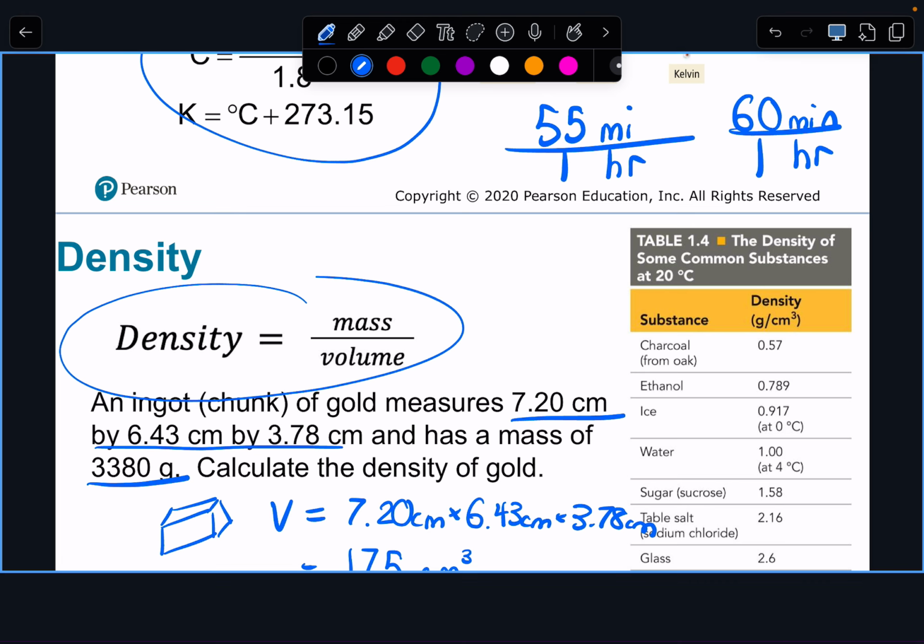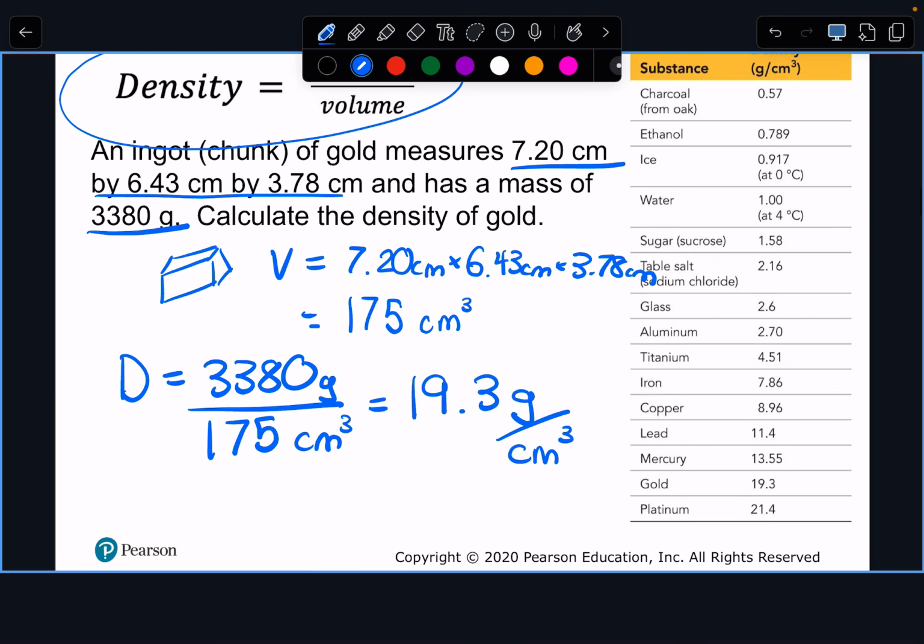And density is one of those things. So when we say 19.3 grams per centimeter cubed, it's actually really useful to think of that as a conversion factor, per 1 centimeter cubed.